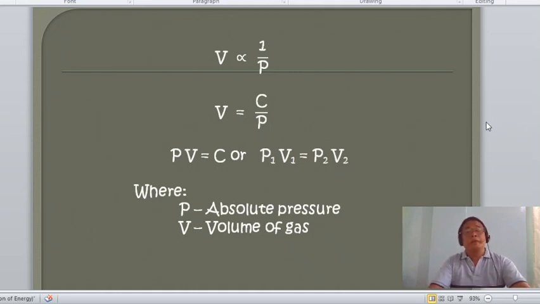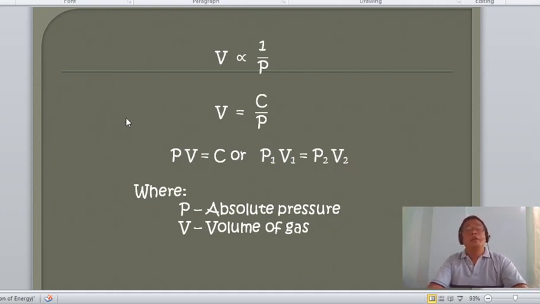The volume can now be written as V equals C over P, where C is the constant of proportionality, or simply P multiplied by V equals constant, meaning at any state points, from state point 1 to state point 2 or vice versa, the product of the pressure and the volume is always constant.